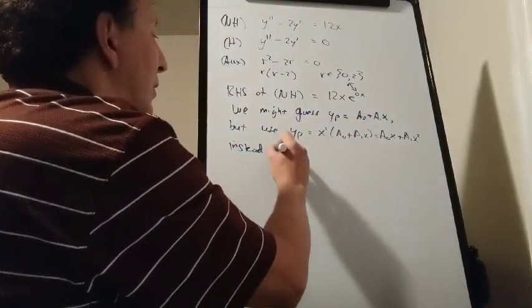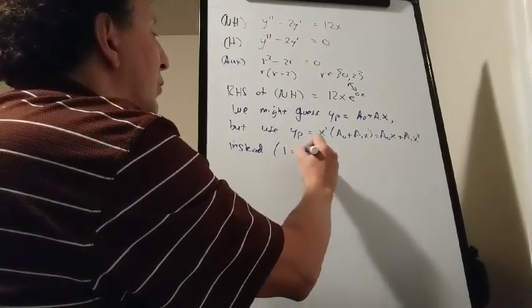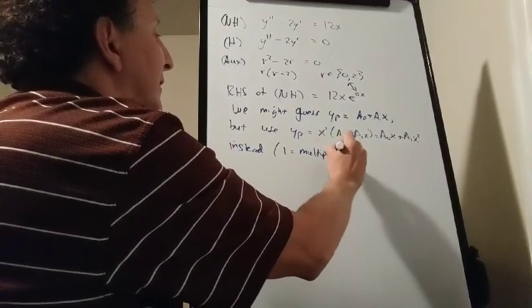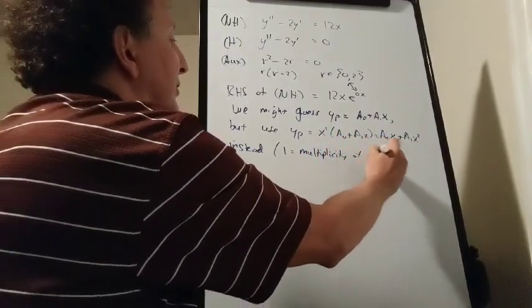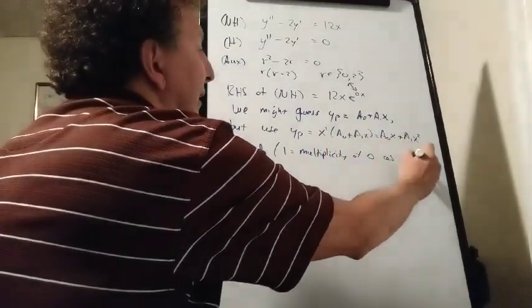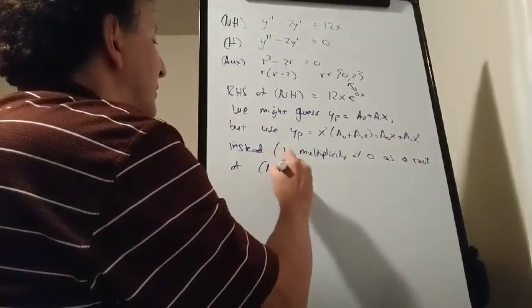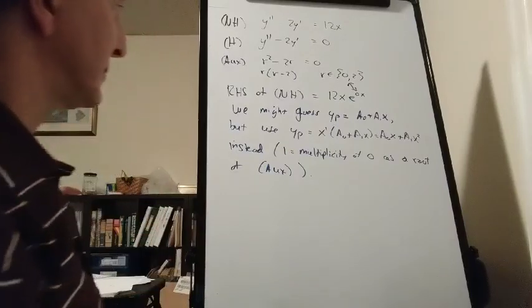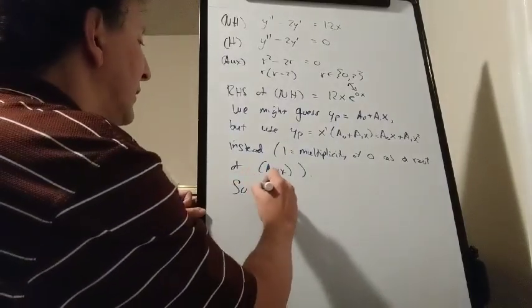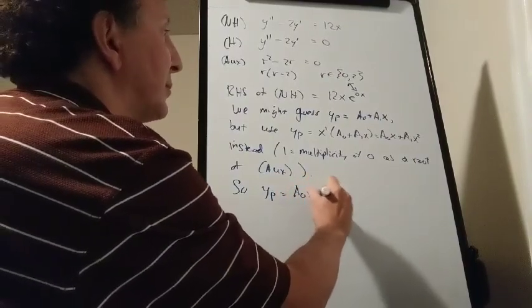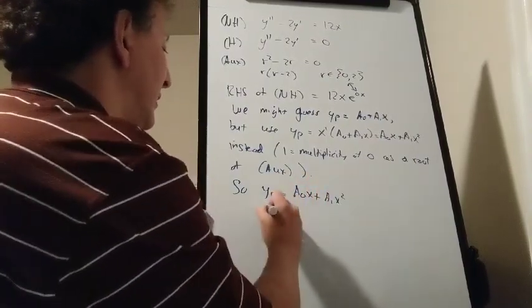And again, this x to the 1 equals the multiplicity of 0 as a root of the auxiliary equation.